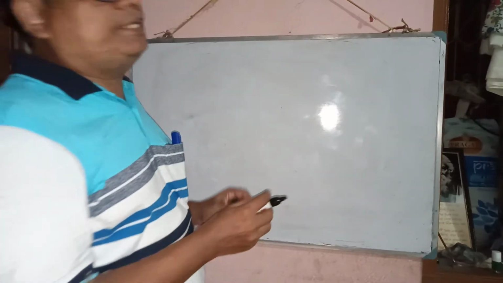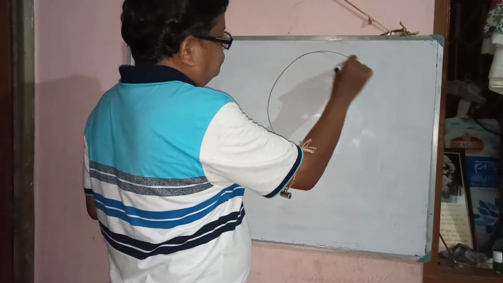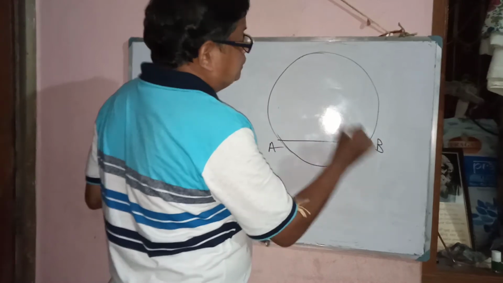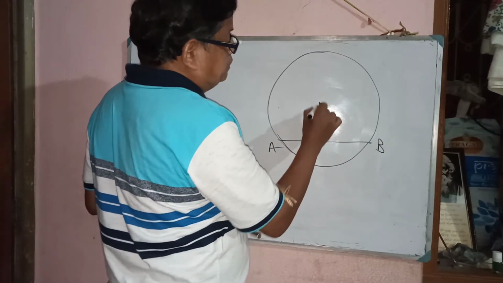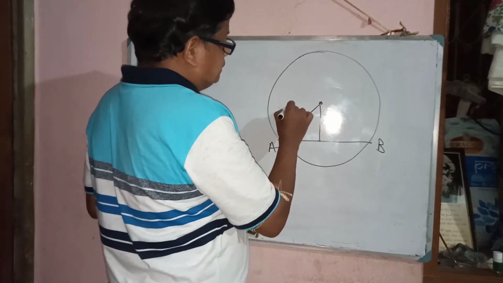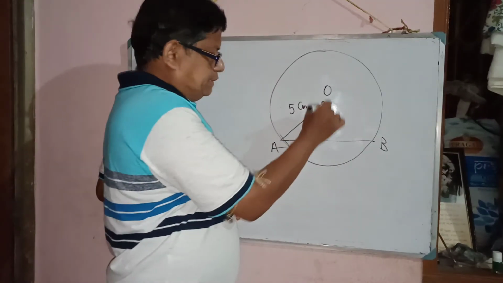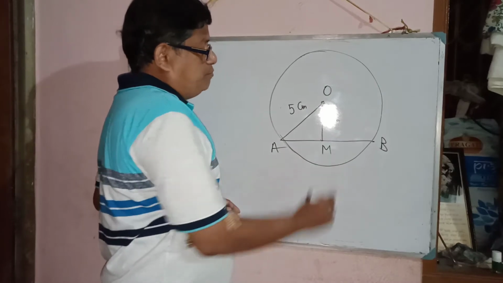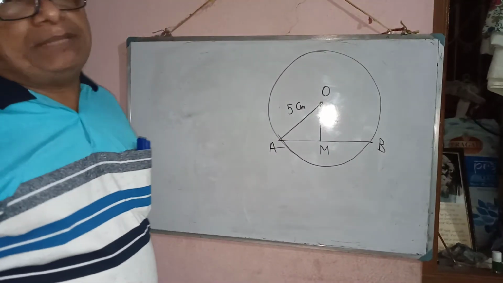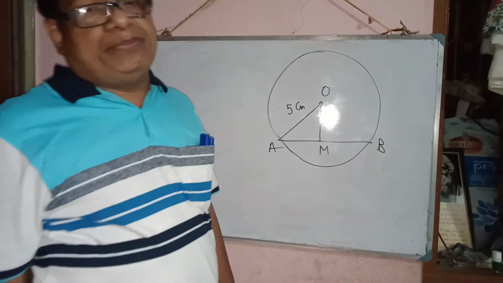The distance from the center to the chord AB is OM, 3 centimeter. The radius of the circle is given as 5 centimeter. Find the length of the chord AB.